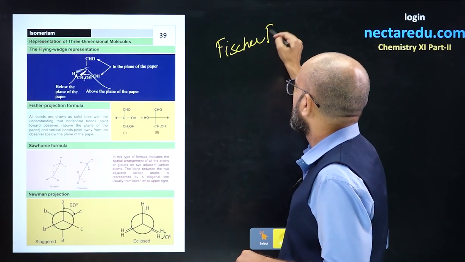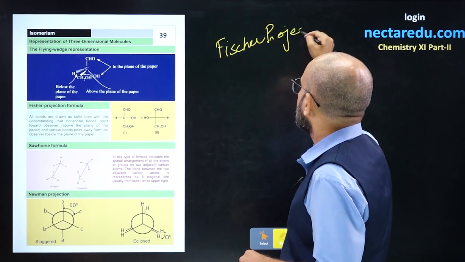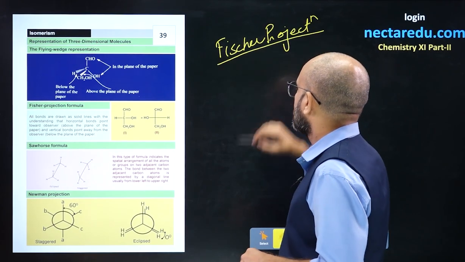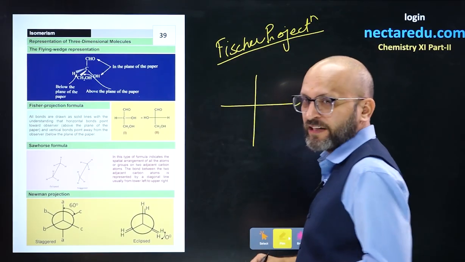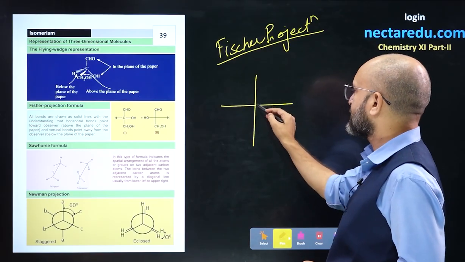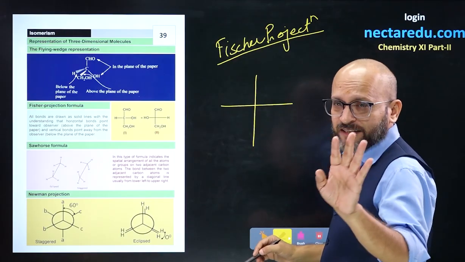Fisher projection. So how is that? Let's see. In Fisher projection, we represent the groups like this. This is the central carbon, which is not represented at all.